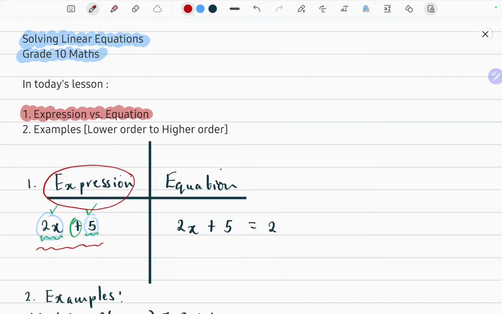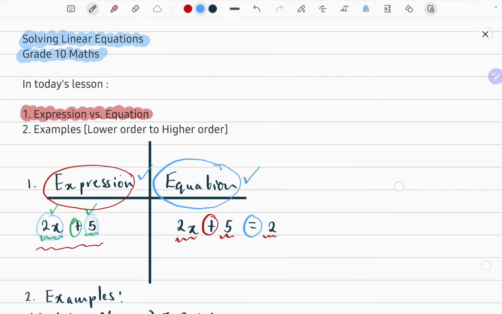Now moving on to an equation. An equation is made up of terms, operators, like this here, and an equal sign. So already we can see the first difference between an expression and an equation.